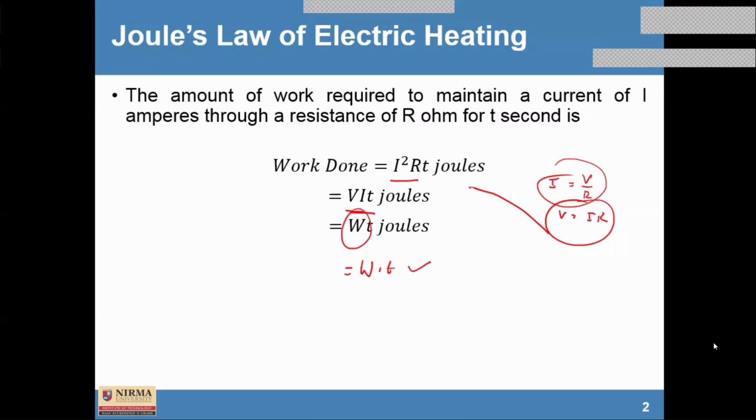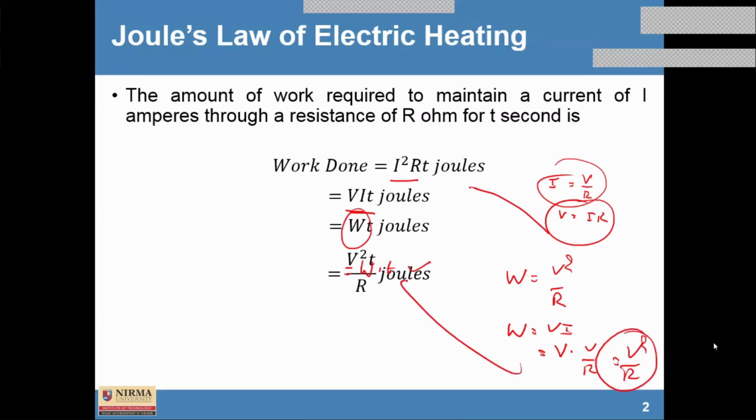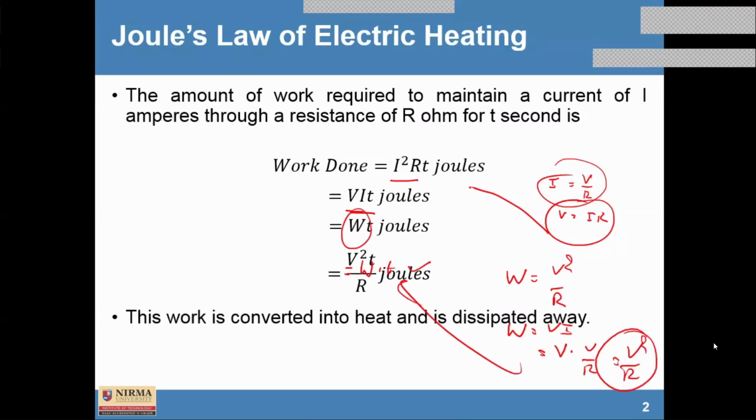We can also write it in the form of V square by R, because I is equal to V by R, so W is V square by R. So this way we can write the different forms of equations.